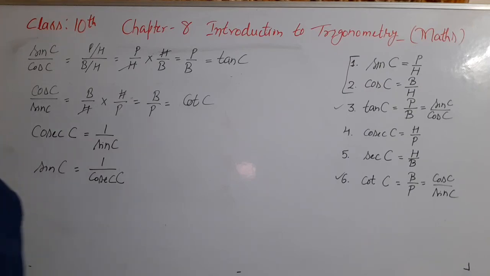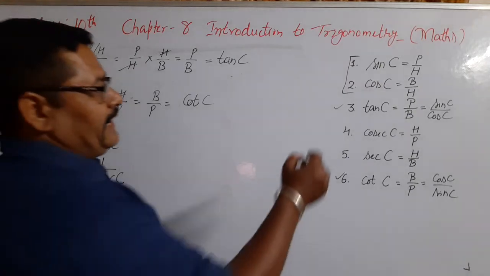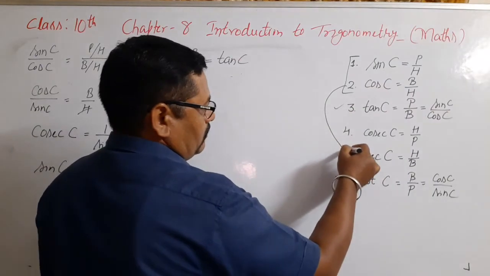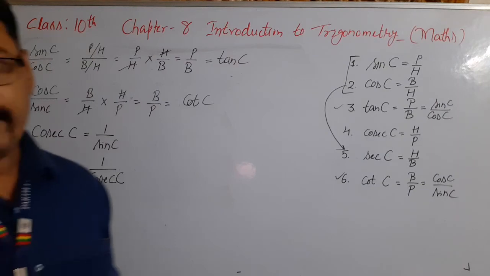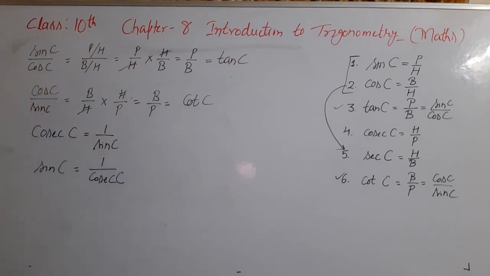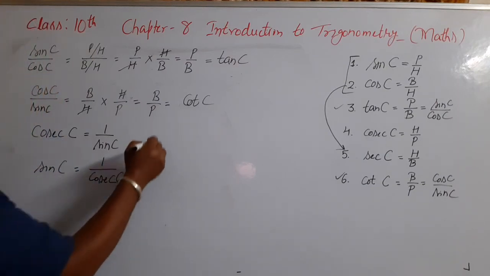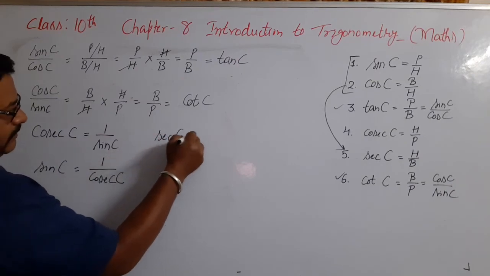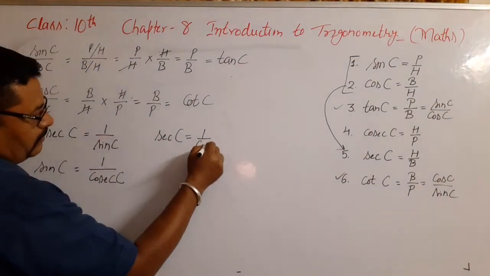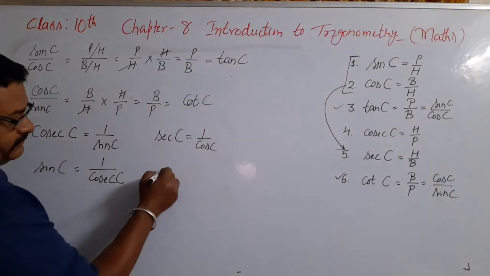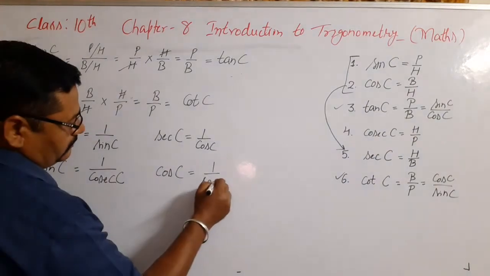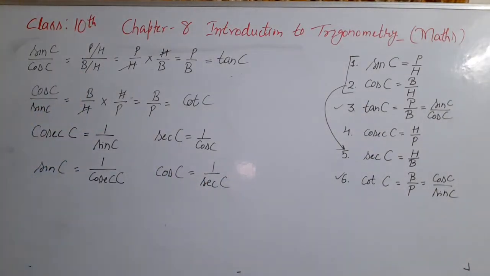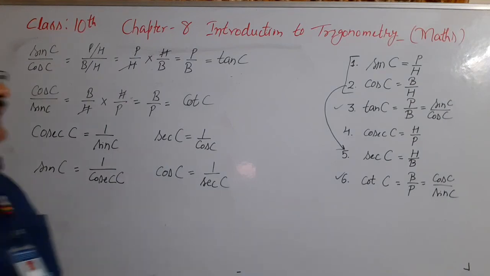Now next question. Can you relate cos C and secant C? Again, secant is reciprocal of cos, so secant C is equal to 1 upon cos C, and vice versa, cos C is equal to 1 upon secant C. Now the last question, can you relate tan and cot?